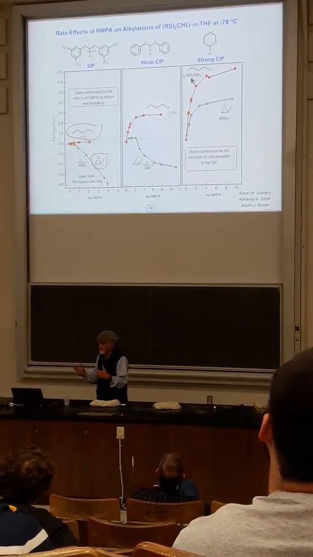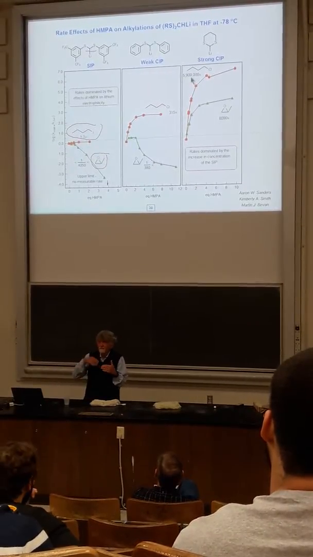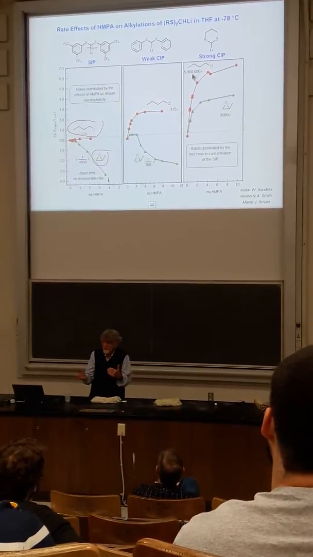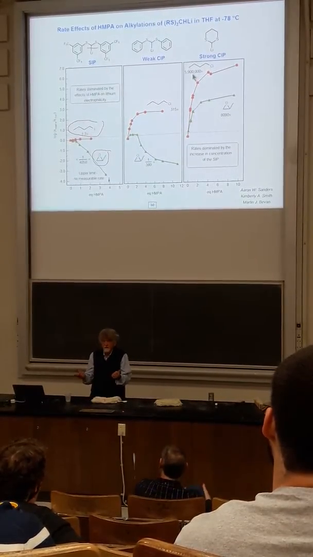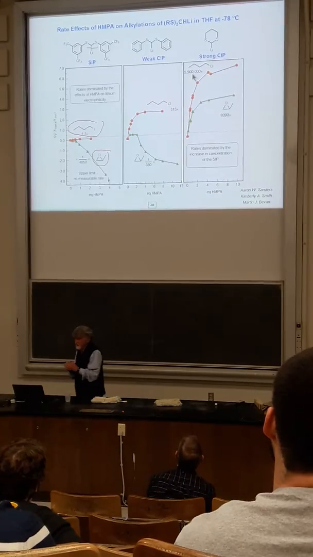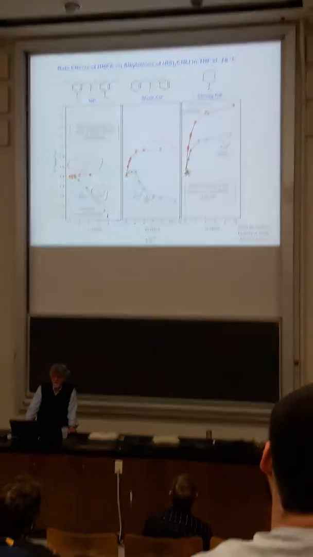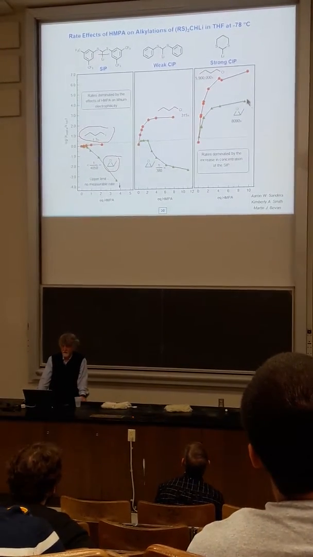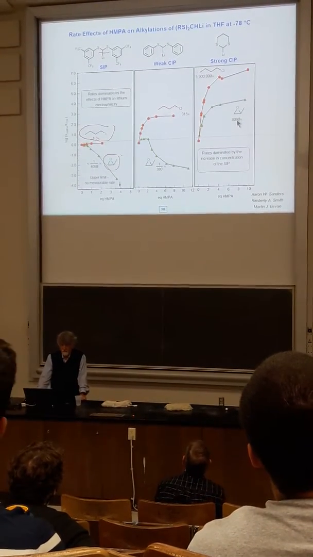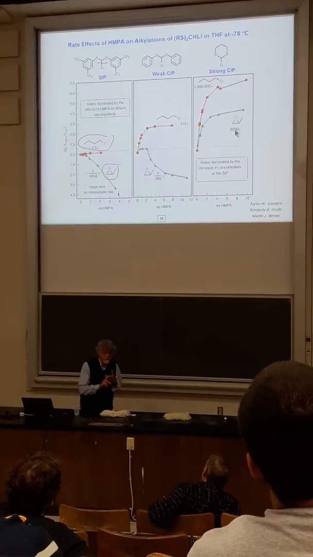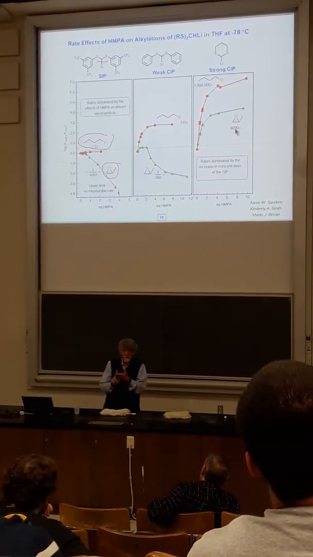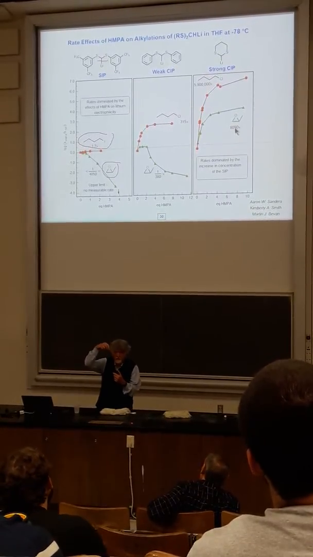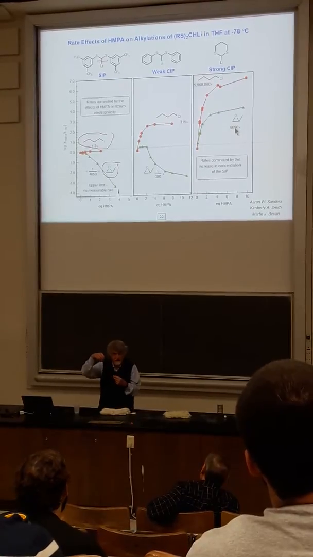And we think that is really entirely due to the fact that we're making 5 million times as much separated ion pair, and so the reactivity goes up by that amount. So that's the behavior there. So why does the epoxide go up only almost half that much on a log scale? This is a factor of 8,000 only. And the answer is that in addition to making more separated ion pair when we add HMPA, we're also destroying the ability of the lithium to behave as a catalyst for the opening.